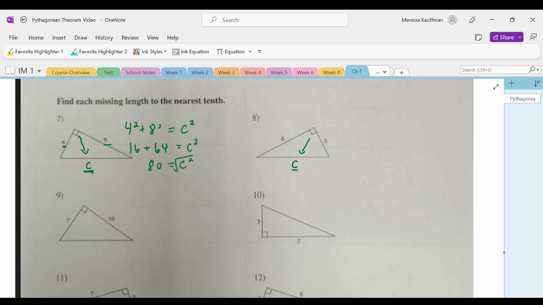Remember, I still have to take the square root of both sides. What is C equal? What's the square root of 80? We just have to use our calculator. The square root of 80 is going to be 8.9. And it says round to the nearest tenth. That's the tenth. So we now have 8.9. There's my answer.